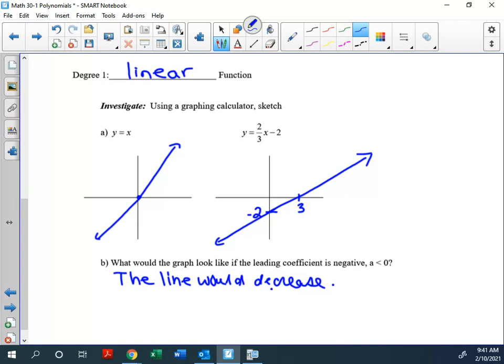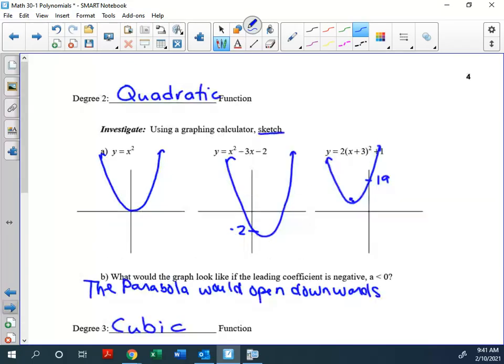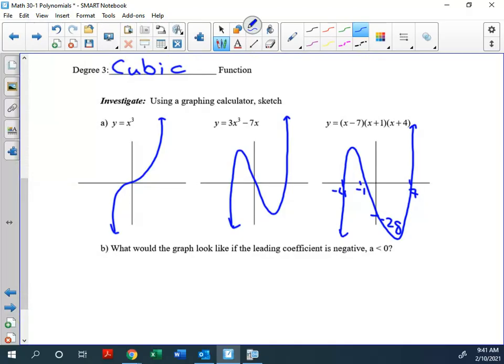A little bit. So the line would decrease was our answer here, but let's think in terms of quadrants. If I had a negative leading coefficient, it would start in quadrant 2 and end in quadrant 4, right? So my prediction is that if I have a negative leading coefficient, maybe it's going to flip this around.